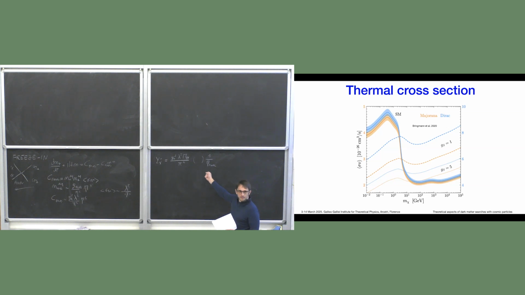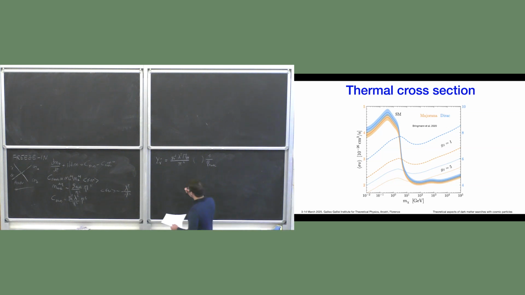It's more or less of the order of exactly that. But why does it stop generating dark matter particles? Ah, okay, you're talking about just the kinematics of the process, okay.